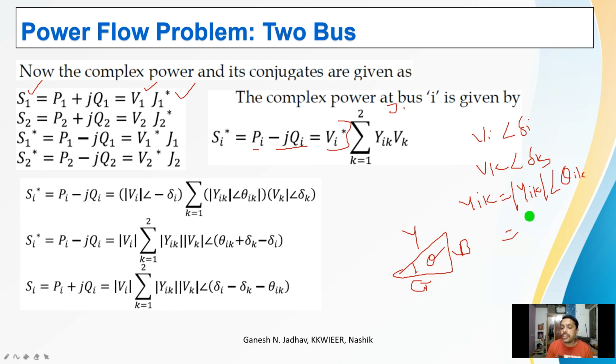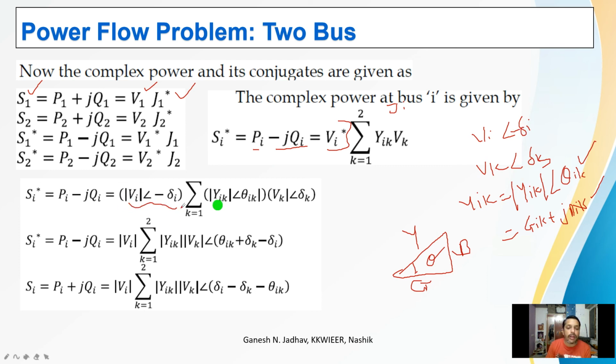But suppose you take Gik plus jBik, that term will be in rectangular form. This is in polar form, that term is in rectangular form. The same I have substituted here. I want to take the Vi conjugate. Then this angle will become minus delta i.